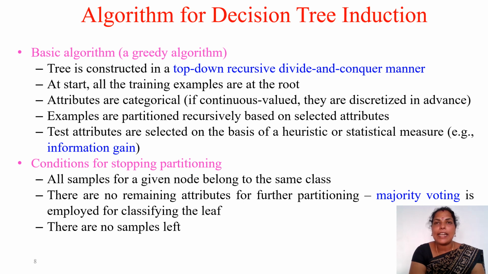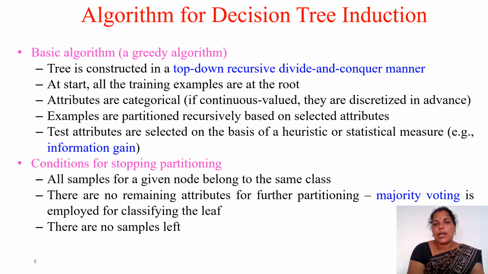So based on the attribute selection measure, the procedure may vary, and the calculation of the measure may vary. Other than that, all the steps are the same. Based on that, the name of the decision tree also varies. In the overview we saw ID3, C4.5, then CART. So based on the attribute selection measure only, the name varies.